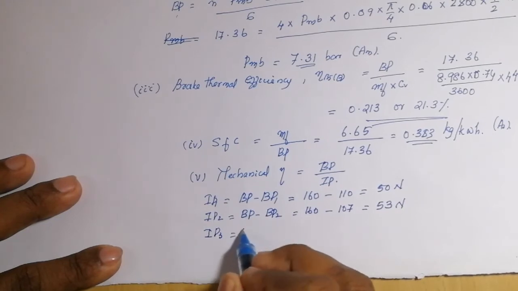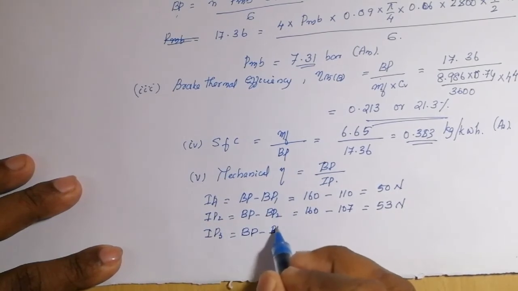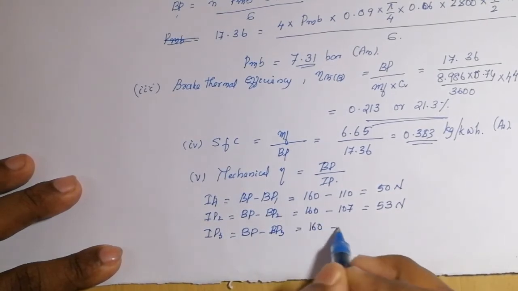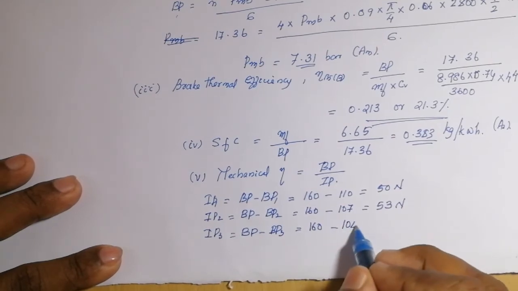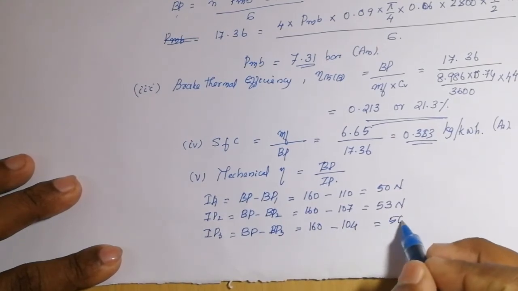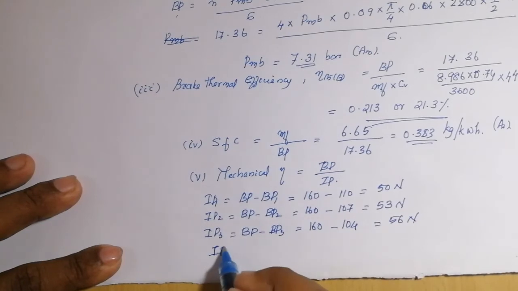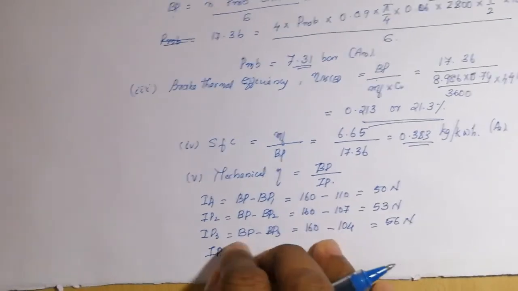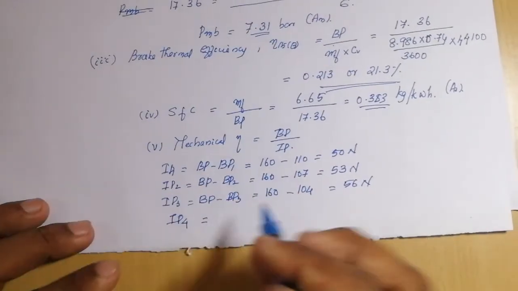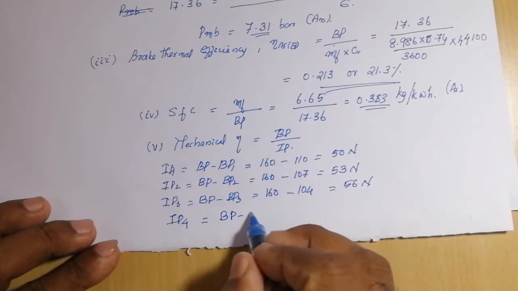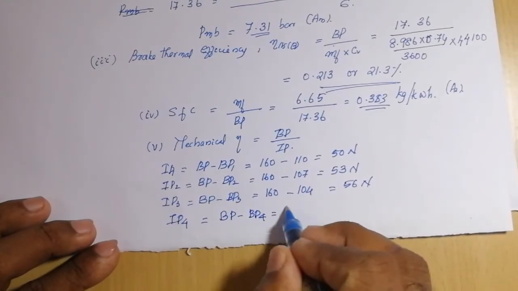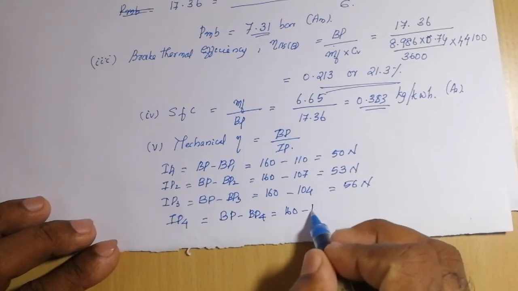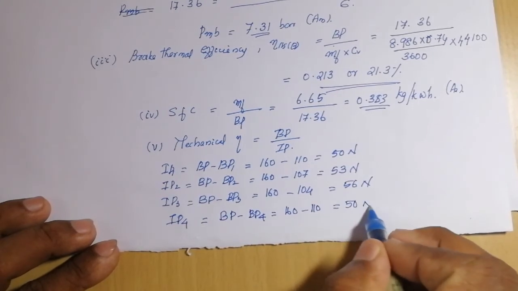IP3 is equal to BP minus BP3, that is 160 minus 104, that is 56 Newton. IP4 is equal to BP minus BP4, that is 160 minus 110, 50 Newton.